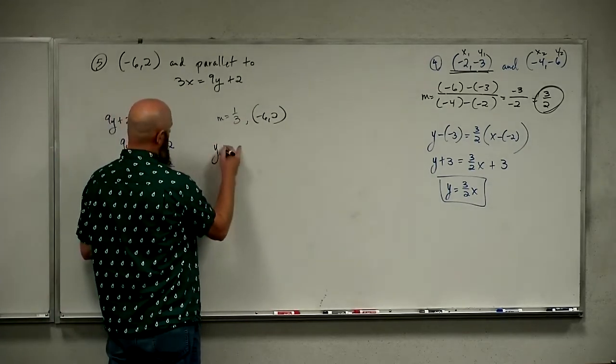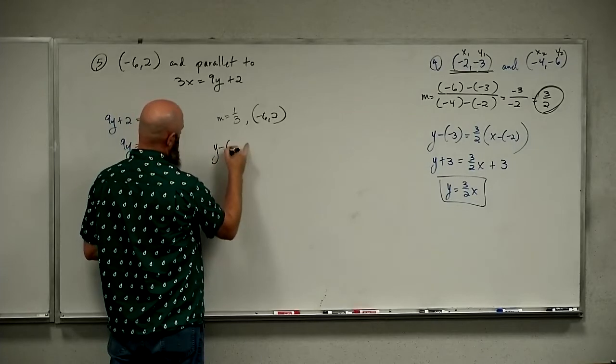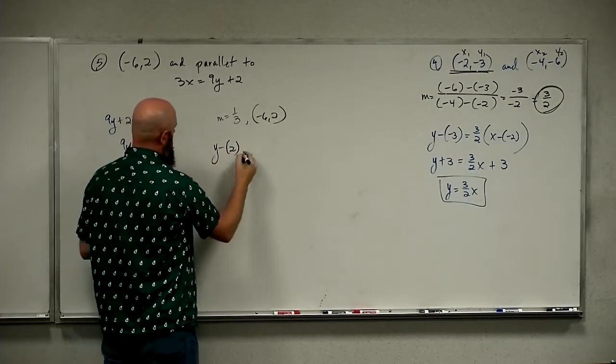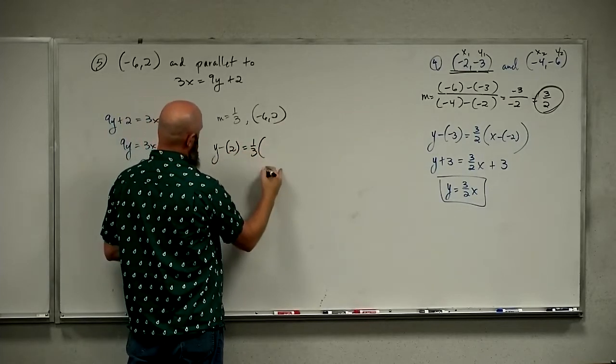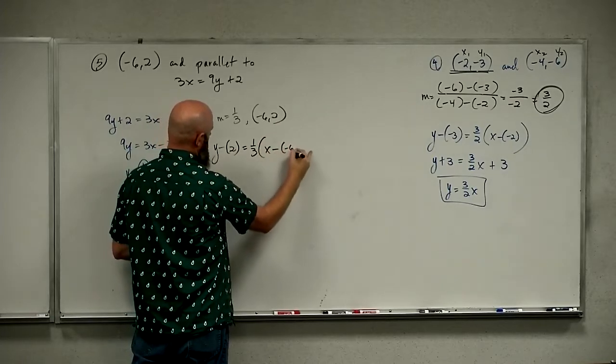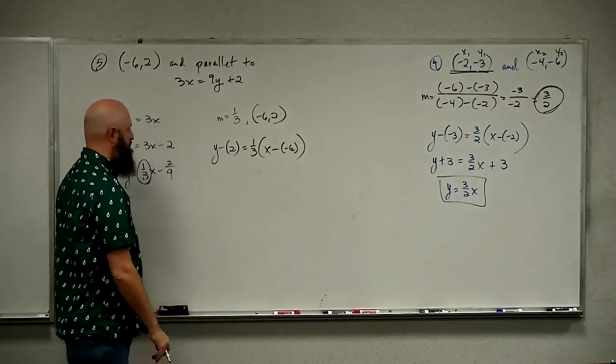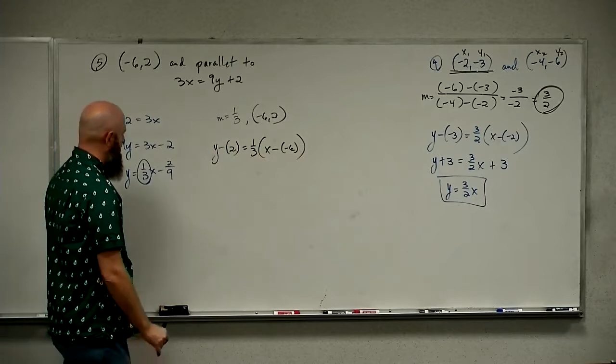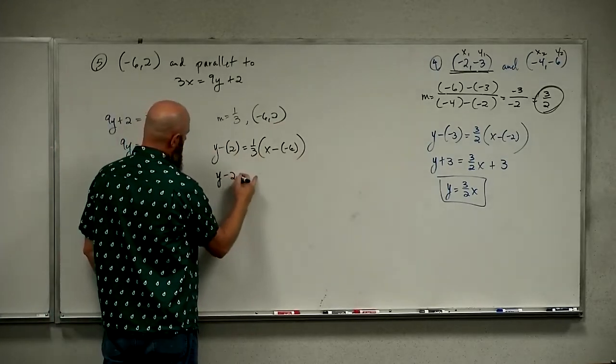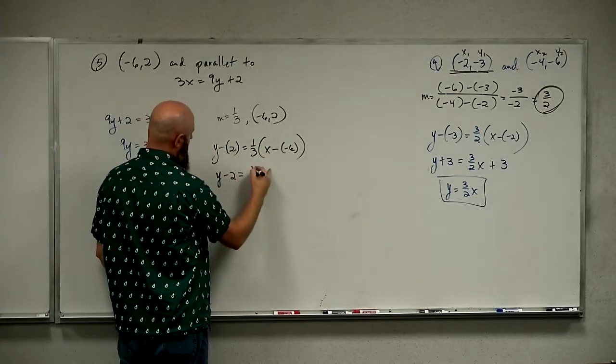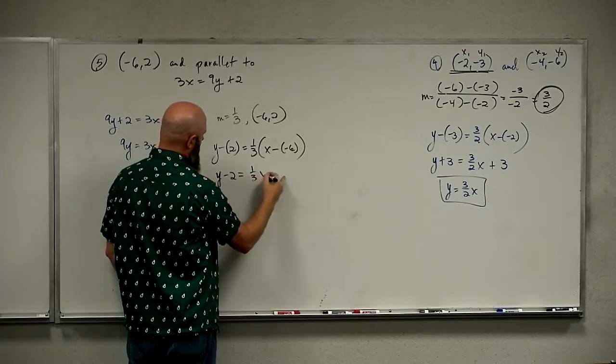All right, so that means y minus the y value there, which is 2, equals 1/3 x minus -6. So that gives me y minus 2 equals 1/3 x.